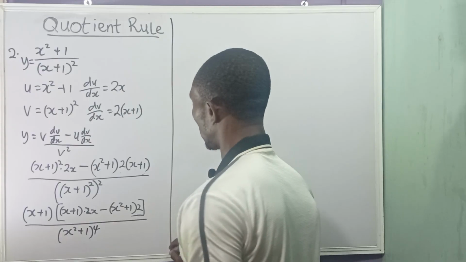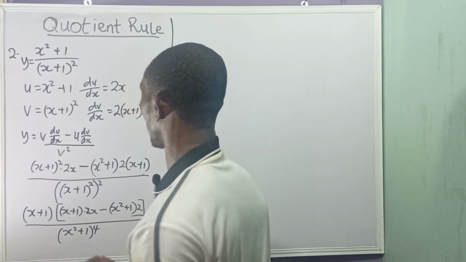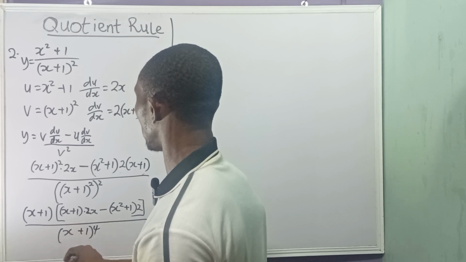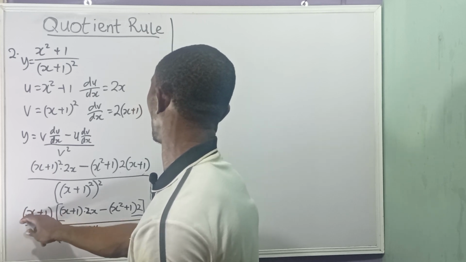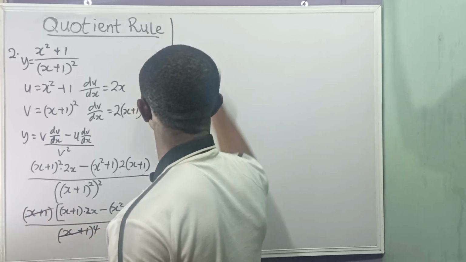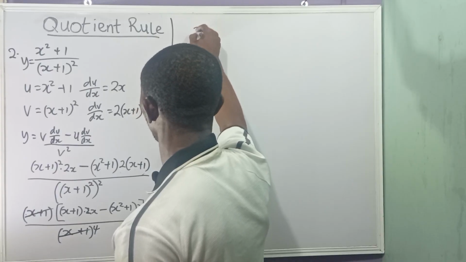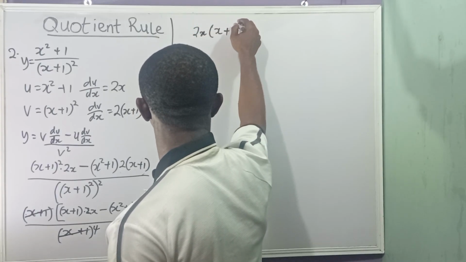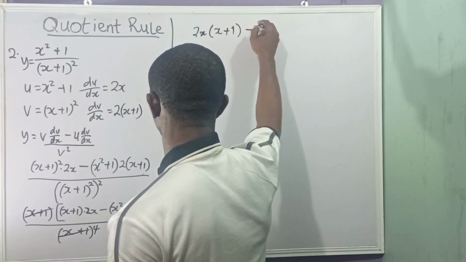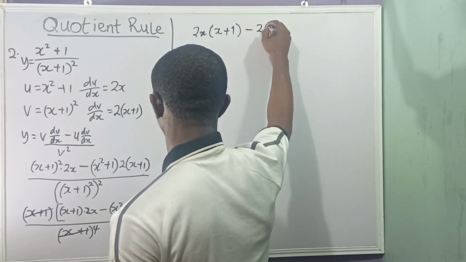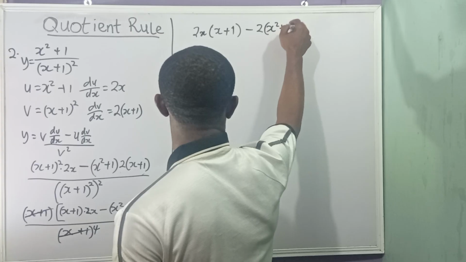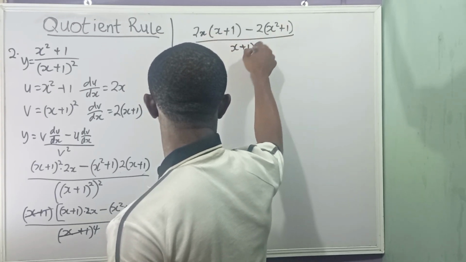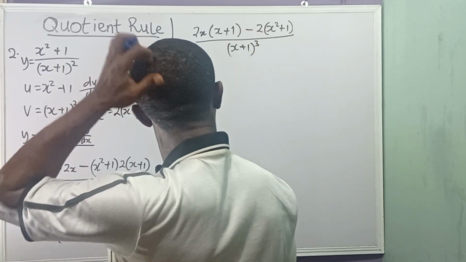Now doing that, we can cancel one x plus 1, leaving us with 2x bracket x plus 1 minus 2 bracket x squared plus 1 all over x plus 1 raised to power 3.